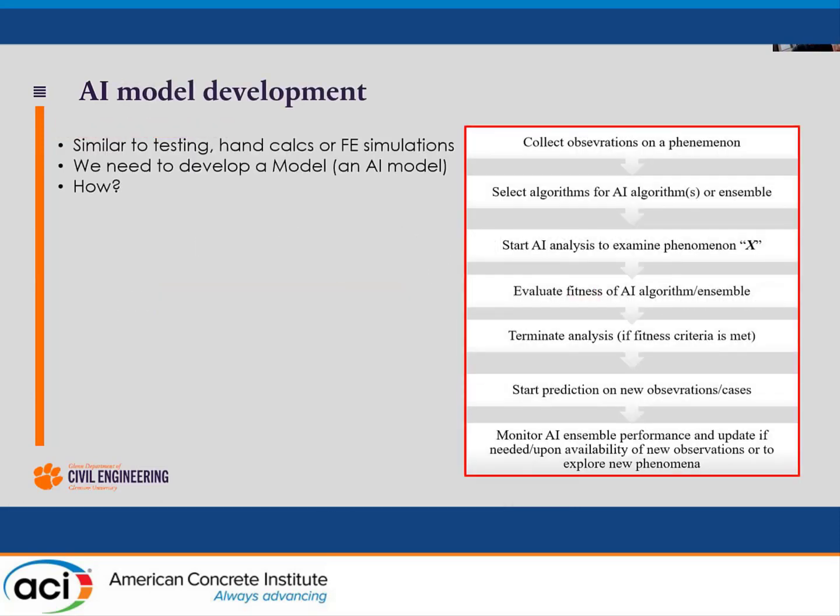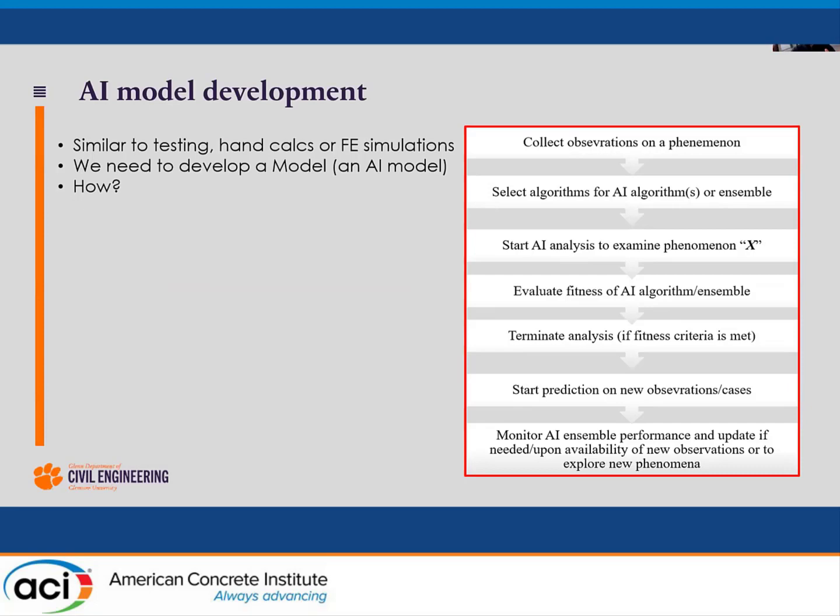So we're engineers, we really know how to design experiments, how to go to the lab, fabricate concrete beams, columns, and test them. We're also very familiar with using FE simulation, finite elements. We can build models, as you saw in Abaqus, ANSYS, to try to replicate experiments and expand upon experiments by using parametric studies. When it comes to AI, it's a similar phenomenon.